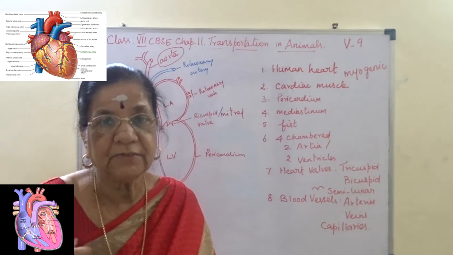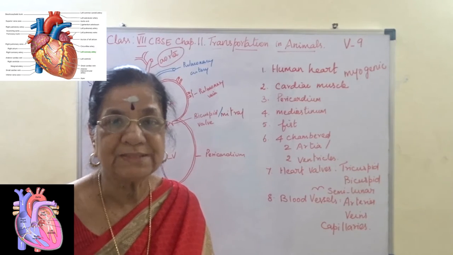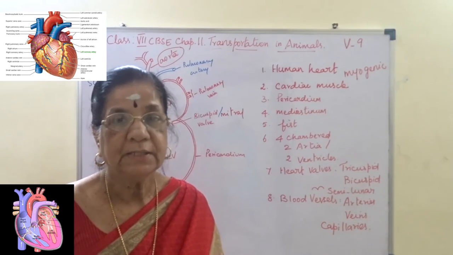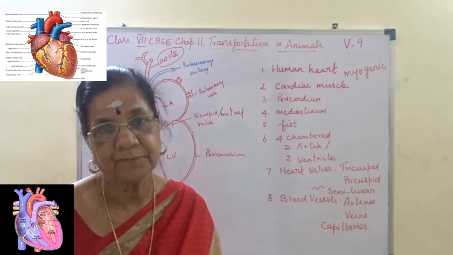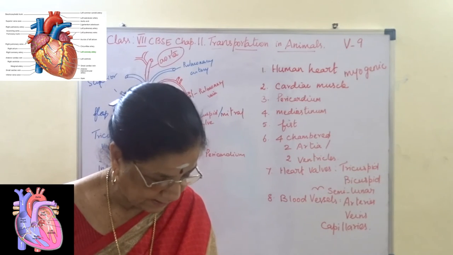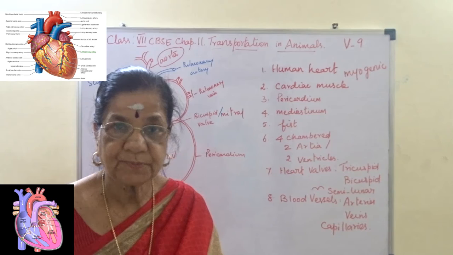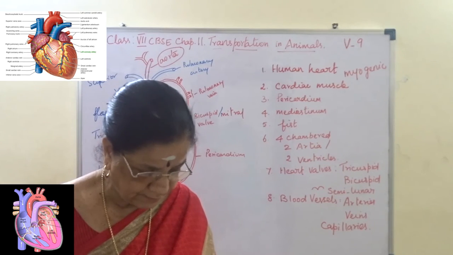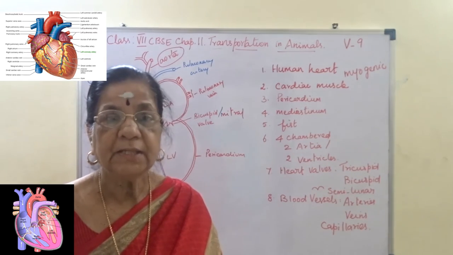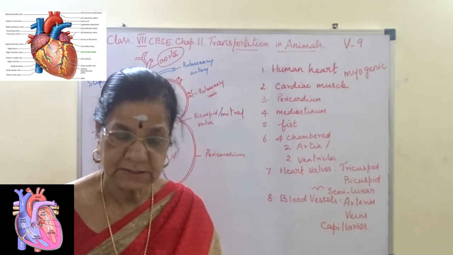So that coronary vein collects impure or deoxygenated blood from the heart muscles. I hope you understand. So the right atrium receives impure blood from the superior vena cava, inferior vena cava, and coronary vein.